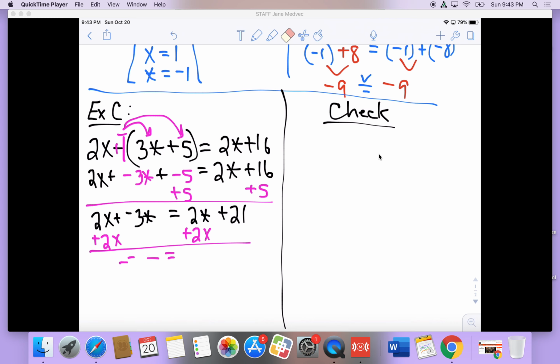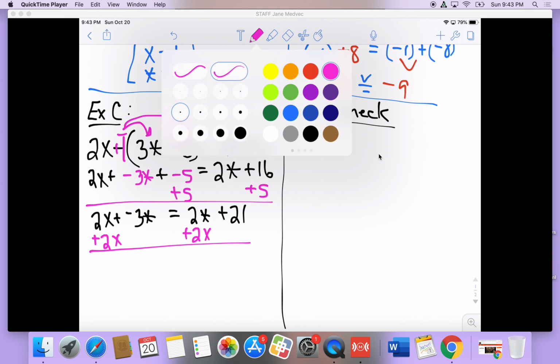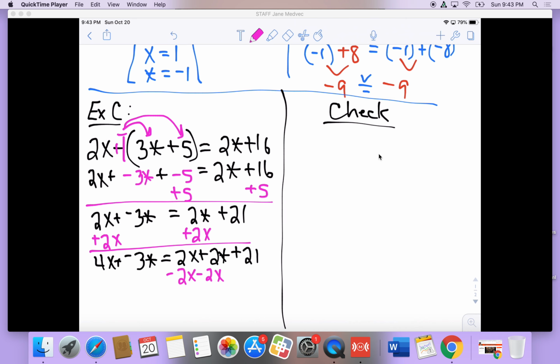I'm sorry. Let's go back. Change that color, so it's a little less confusing. So 4x plus -3 star equals 2x plus 2 star plus 21. And I'm going to go ahead and explode on the right-hand side. Minus 2x minus 2 star.